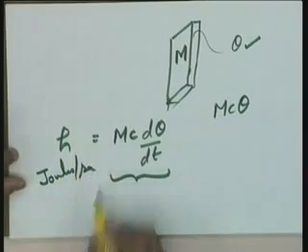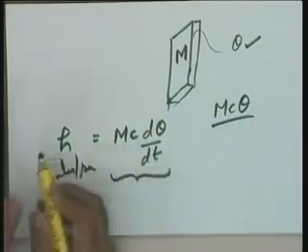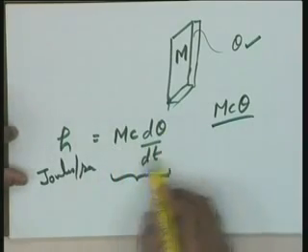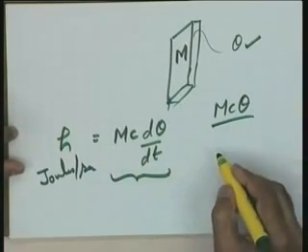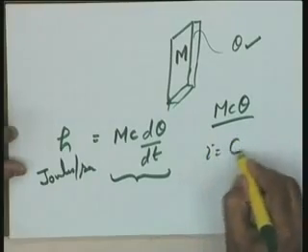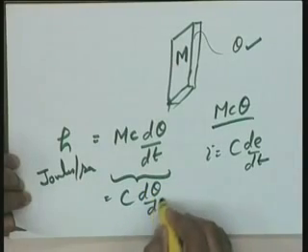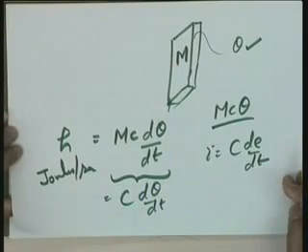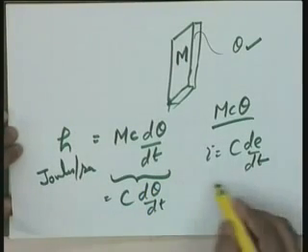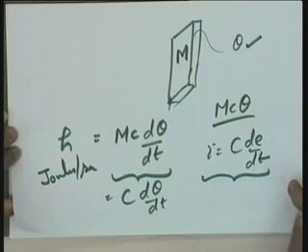Since it is joules per second, to make it compatible, I take mc d theta by dt, and corresponding to the equation I equal to c dE by dt, my equation becomes H equal to c d theta by dt, where c is the thermal capacitance. Since it is analogous to the circuit equation I is equal to c dE by dt.